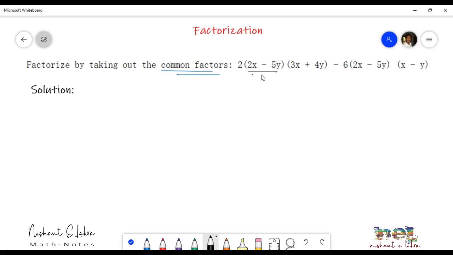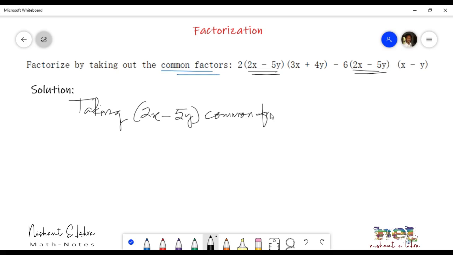Now in the question you see that there is a common factor, 2x minus 5y, in both the terms. So we will take the common value, that is 2x minus 5y, from both the terms.